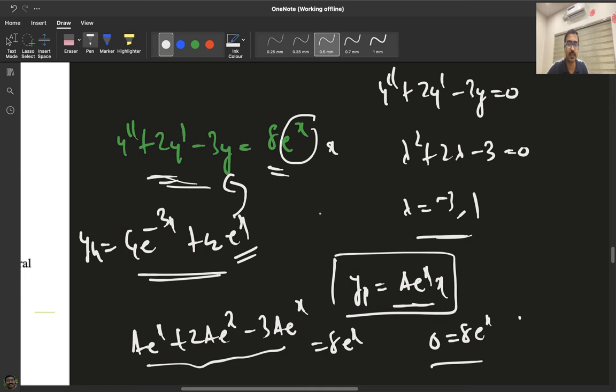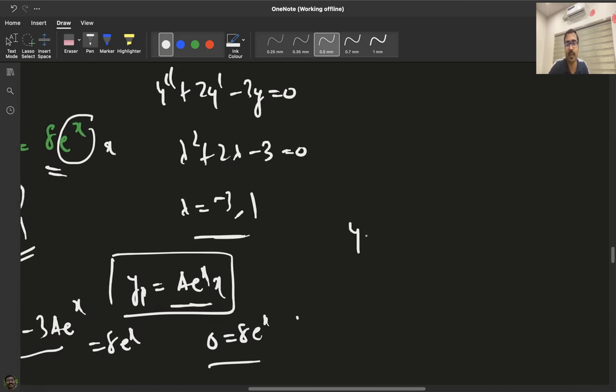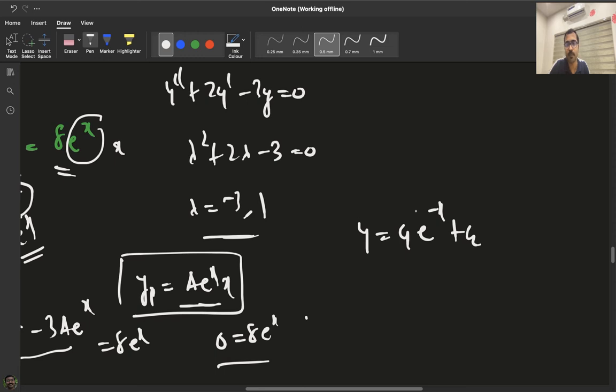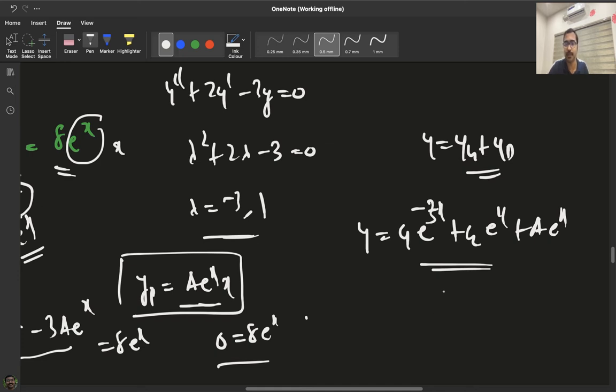Or you can also think of it like this. Suppose you have taken the solution as y is equal to c1 e raised to minus 3x plus c2 e raised to x plus e raised to x here. If you write a solution like this, simply as yh plus yp, this is not a general solution type.